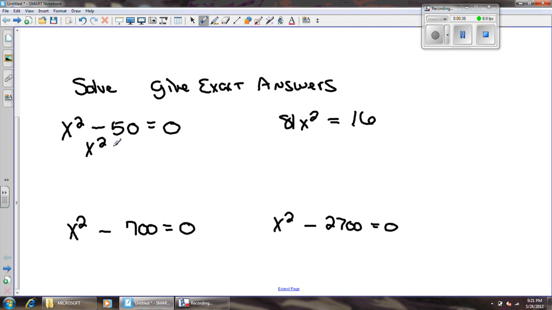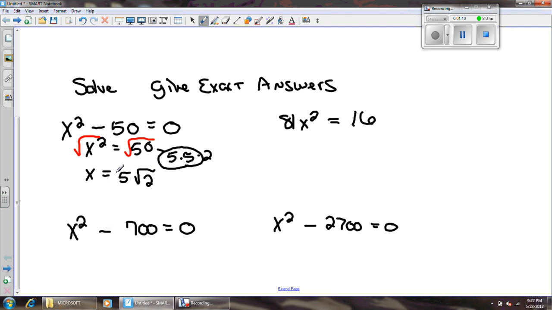I'll get x squared equal to 50, and then I'll need to take the square root of each side, or simplify the rad in other words. So x is going to equal, let's see, 50 is going to break down into 5 times 5 times 2. A pair of 5s can go out of the house, and we'll have rad 2 left in the house.